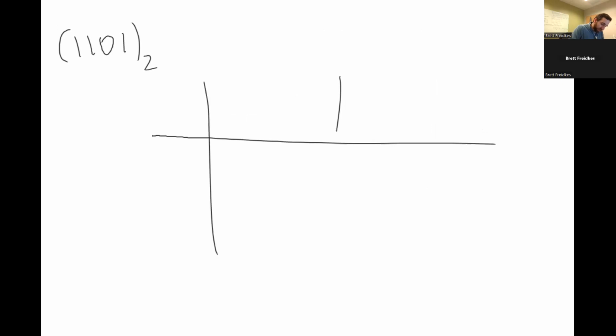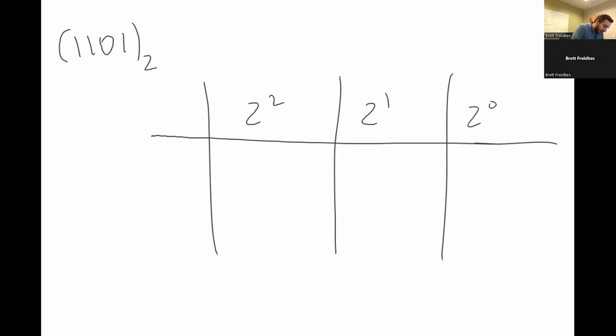We can do something kind of similar in binary. Let's say I do 1, 1, 0, 1 in base 2. And we'll try to visualize it a little bit differently. I'm just going to start at 2 to the 0 and count up like that.